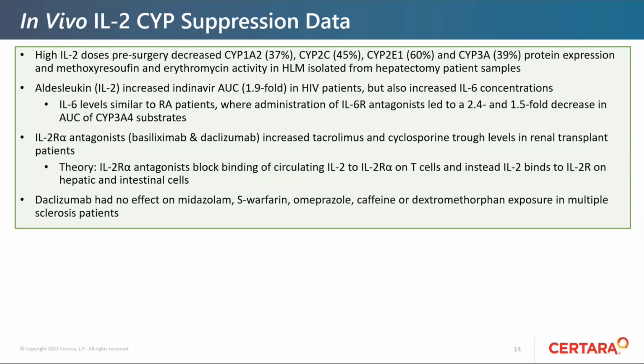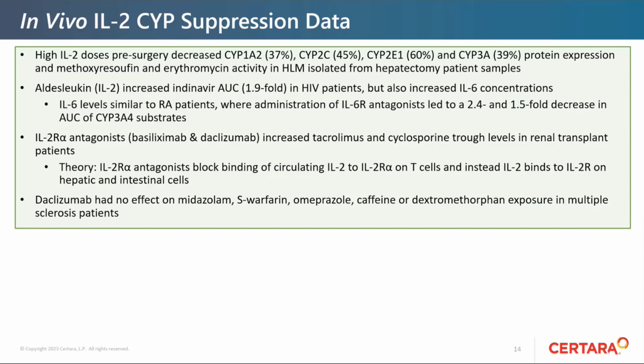In another example, basiliximab and daclizumab are mAbs that act as IL-2 receptor alpha antagonists. After administering these IL-2 receptor alpha antagonists to renal transplant patients, we see increased levels of tacrolimus and cyclosporine concentrations.